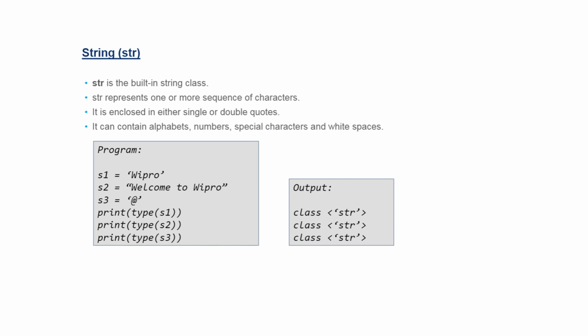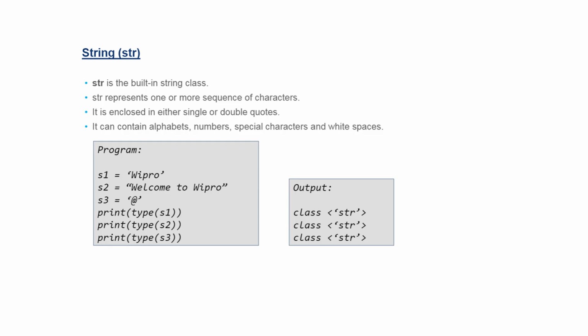So as you can see on the screen, there is a sample program. Wipro in single quotations is assigned to a variable called S1, and welcome to Wipro in double quotations is assigned to a variable called S2, and at the rate in single quotations is assigned to S3.